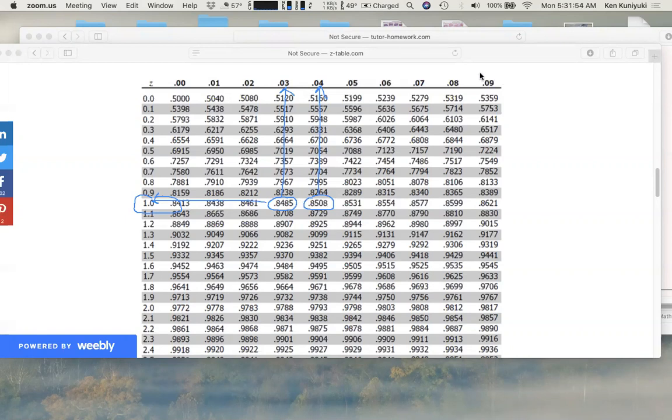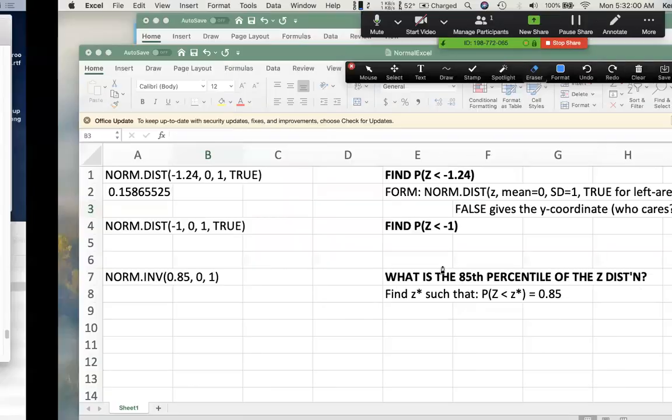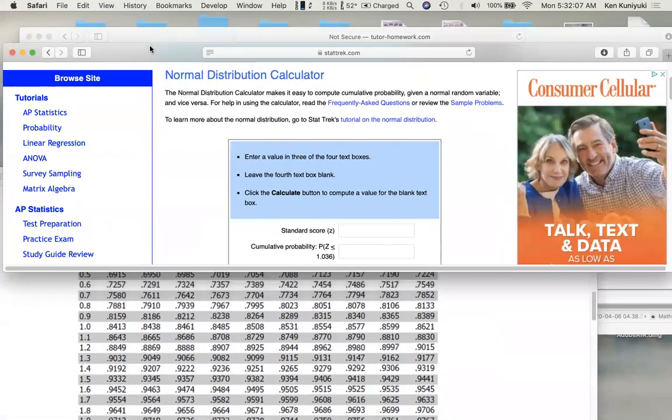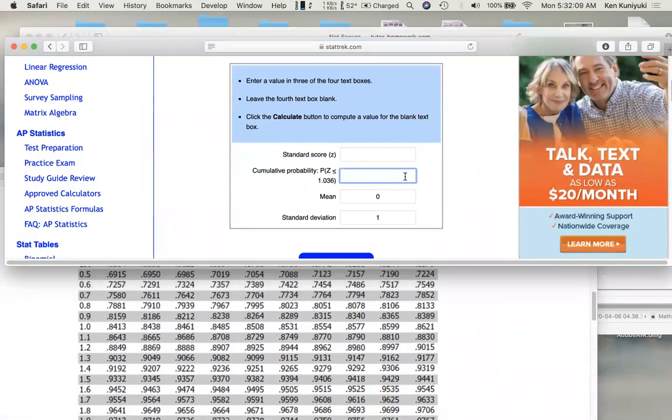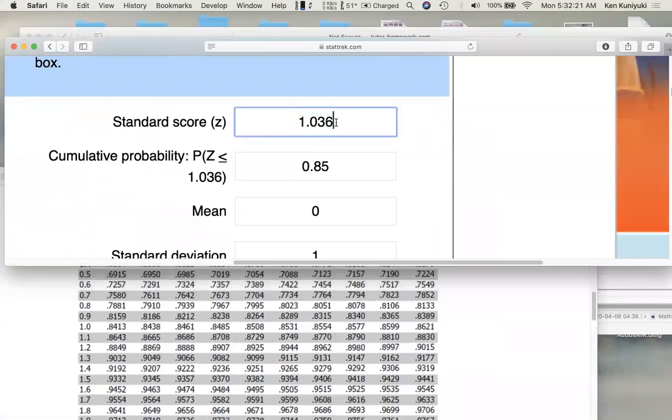Well, you can see how the table is a bit awkward. Again, it's confirming this picture over here. But let's go to StatTrek. StatTrek works in reverse. So 0.85 I want to put in the cumulative probability section. Press return, and I see 1.04 basically here.